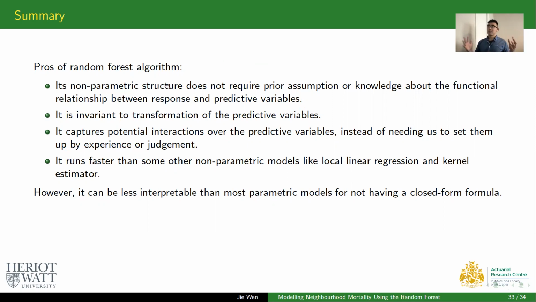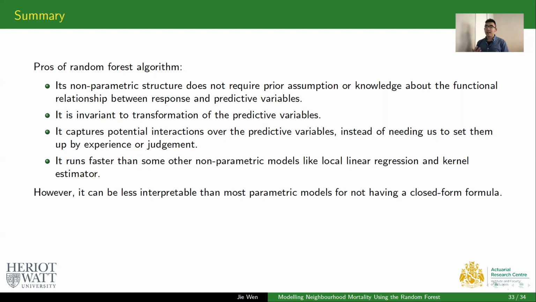Also, the random forest model is invariant to transformation of the predictor variables, which means it is more flexible in handling different types of data. For example, in the model we discussed today, we have both categorical and numerical variables at the same time with no problem. It also captures any potential interactions between the predictor variables instead of needing us to set them up by judgment or experience.